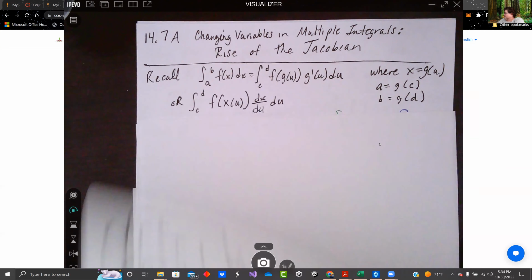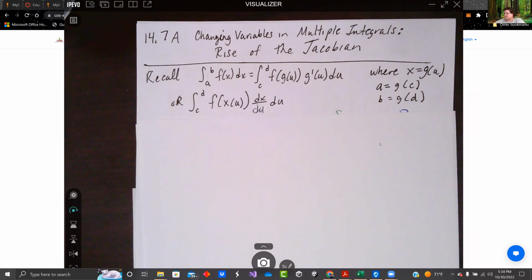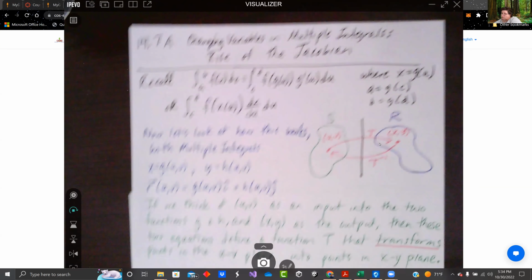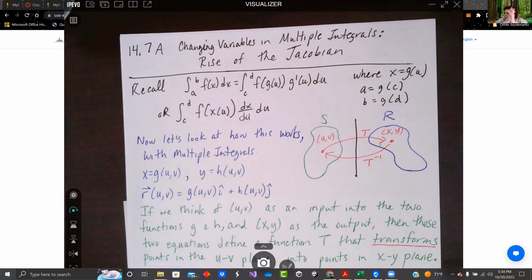Let's upgrade this to multi-dimensions, and let's take a look at how this works. Let's say we've got x and y, and now these are both functions not just of u, but of u and v. So we can make a vector r equals g of u,v for the i hat component, that's our x value, and then h of u,v for our y value, our j component.